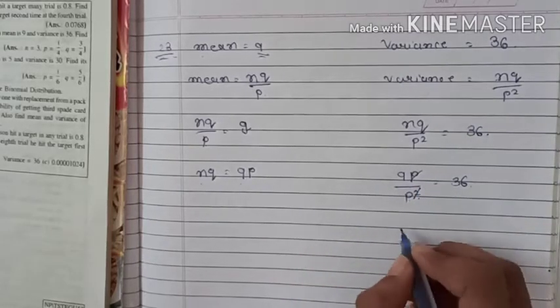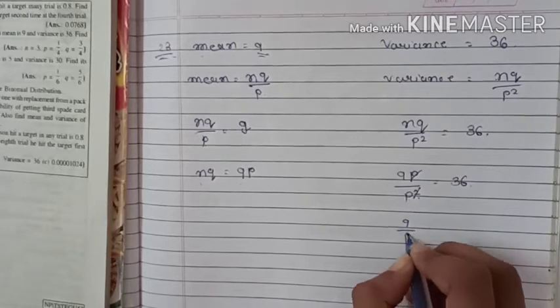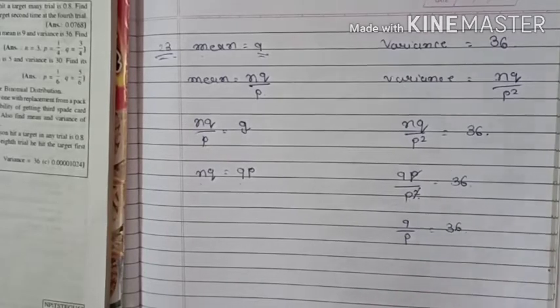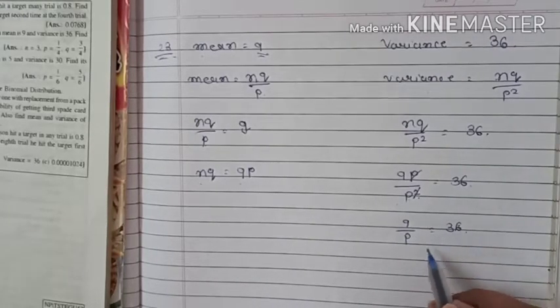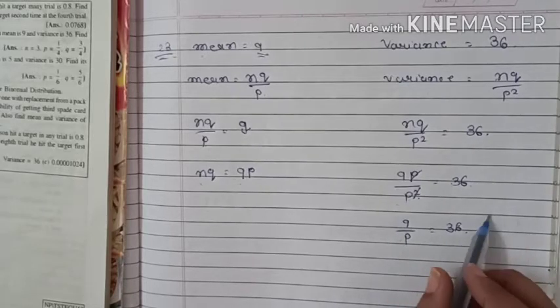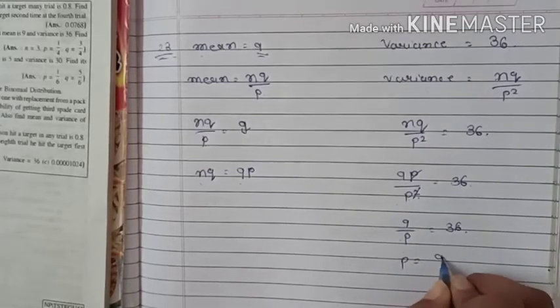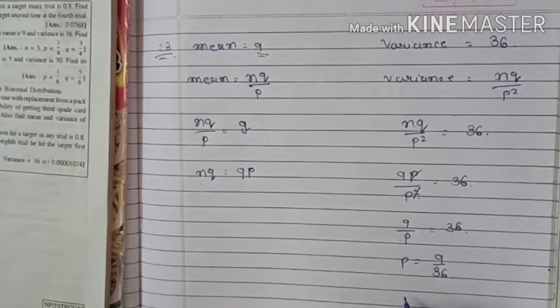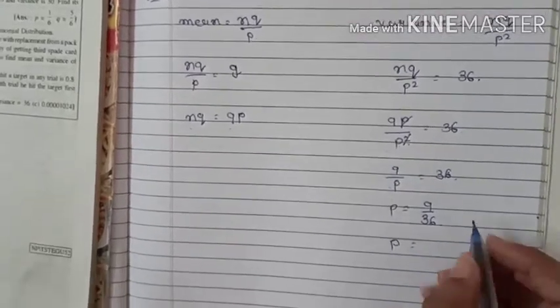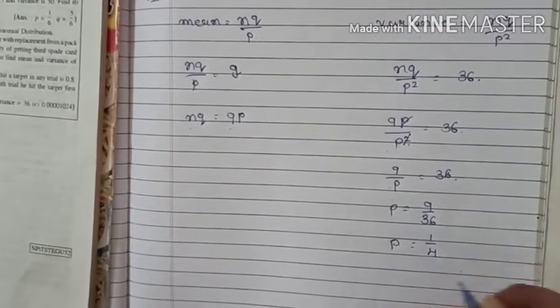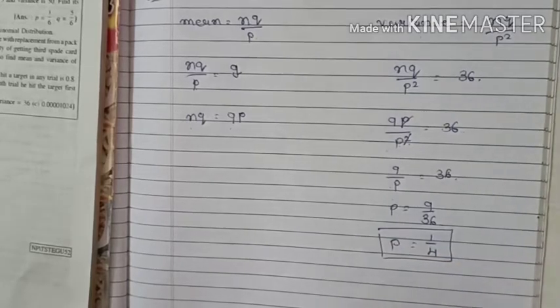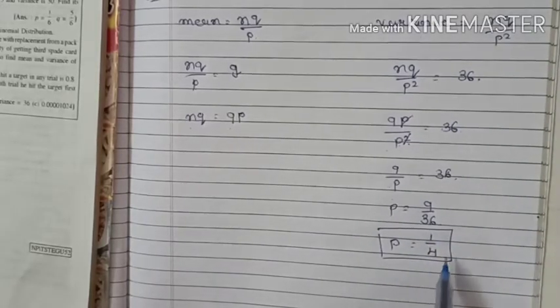So we get 9 upon P is equal to 36. P will be 9 by 36, so P will be 1 by 4. 9 fours are 36.